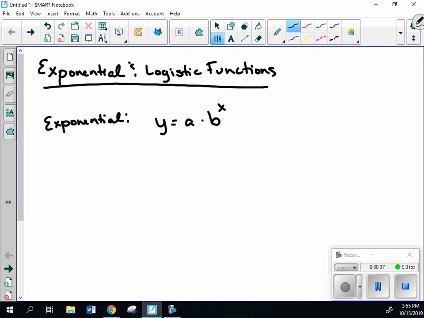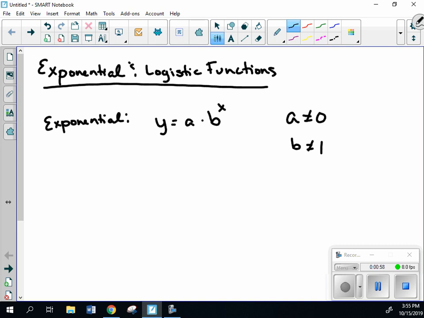With that being said, a cannot equal 0, because if it does, then you don't have a function whatsoever. And b cannot equal 1. Otherwise you're getting a repeat of 1 to the power of whatever, and that's always going to be 1. So that's why our b can't be that.